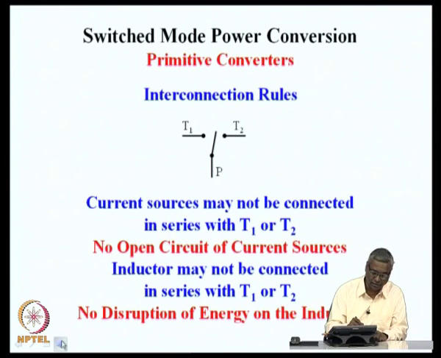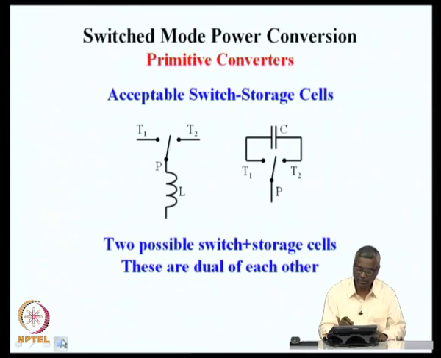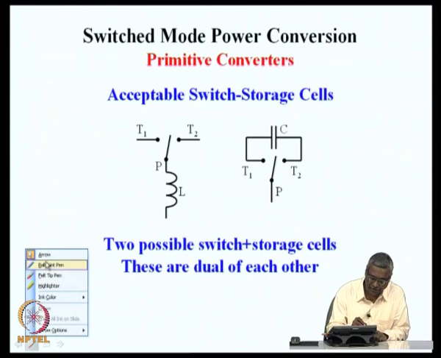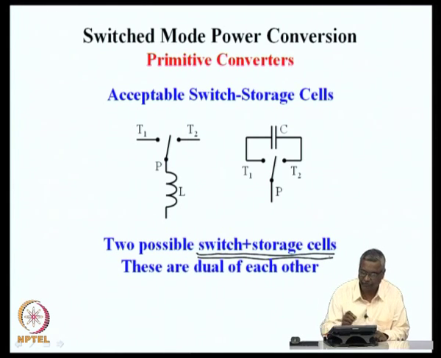So, these are the interconnection rules, and if we follow these rules, there are two possible switch storage cell configurations. What you see here, a switch plus storage cell can be achieved in two different ways.